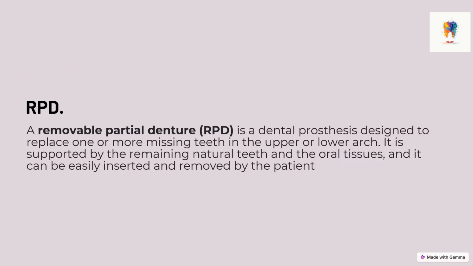So basically, what is a removable partial denture? It is a dental prosthesis designed to replace one or more missing teeth in the upper or lower arch. It is supported by the remaining natural teeth and the oral tissue, and it can be easily inserted or removed by the patient.